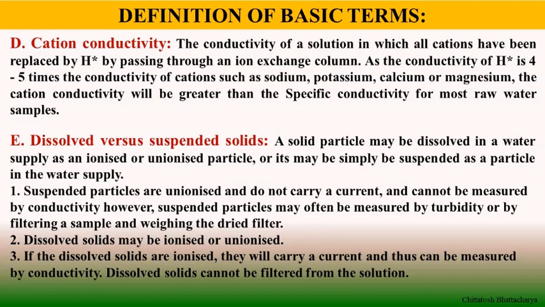And dissolved solids may be ionized or unionized. But if the dissolved solids are ionized, they will carry a current, and therefore we can measure them by conductivity. Dissolved solids cannot be filtered from the solution because they are dissolved within it.